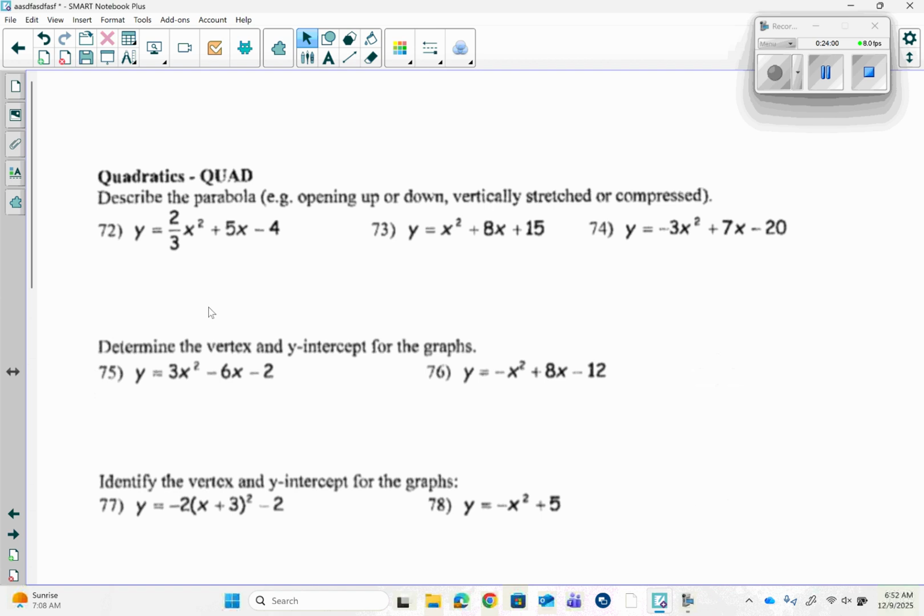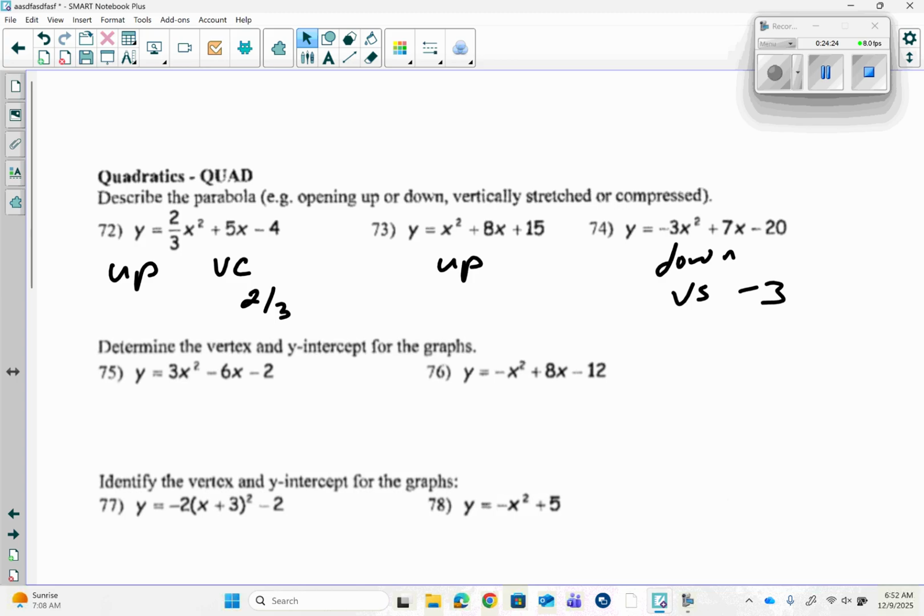All right, so describe the parabola. Okay, so this opens up, and then we have a vertical compression of 2/3 because that's out front. This one is a parabola that opens up. This is a parabola that opens down, has a vertical stretch of -3.